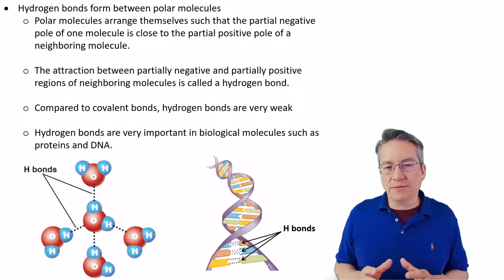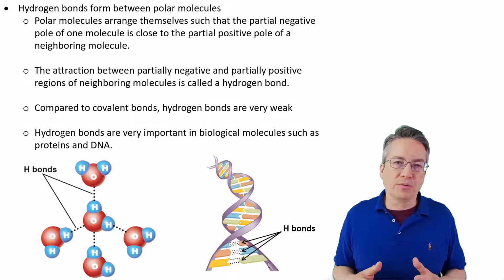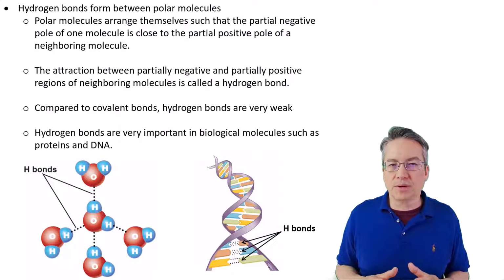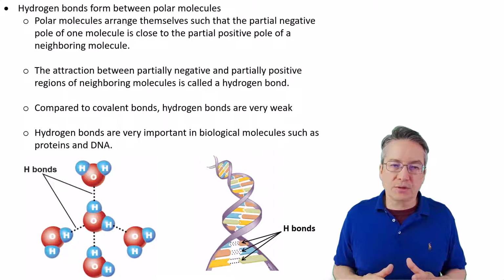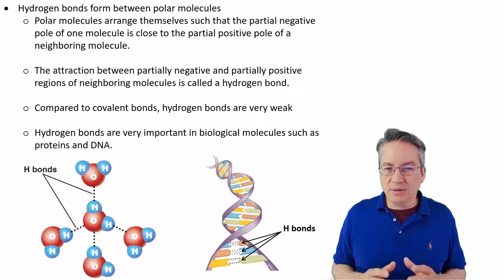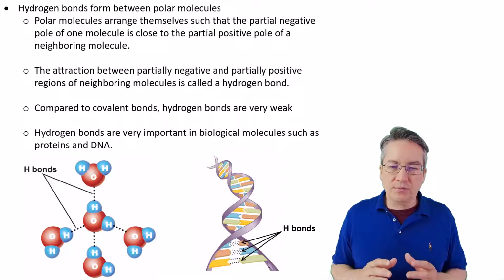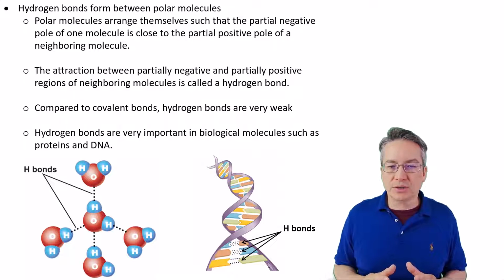And similarly, if we look at DNA, you're probably aware that your genetic material is stored in the nucleus of the cells within your body in this molecule called DNA. Well, DNA has a double helical structure, and running down the middle of this double helix are hydrogen bonds. Why is that important?